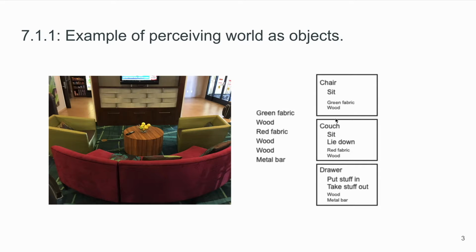We have chair, couch, and drawer as three groups of objects, or basically groups of materials. Chair having green fabric and wood, couch having red fabric and wood, drawer having wood and metal bar are three objects.